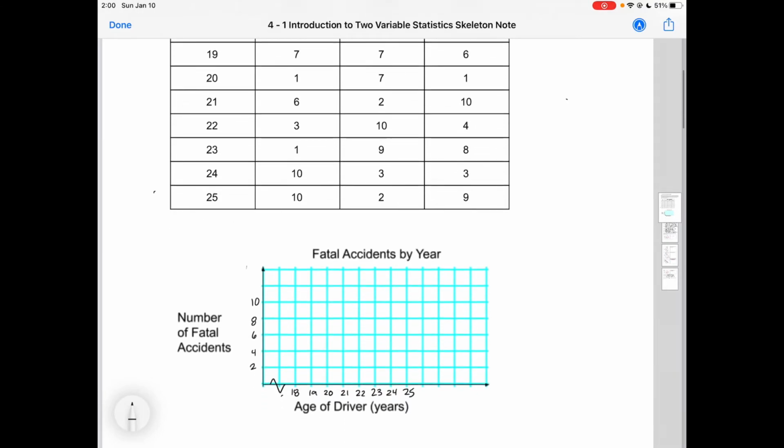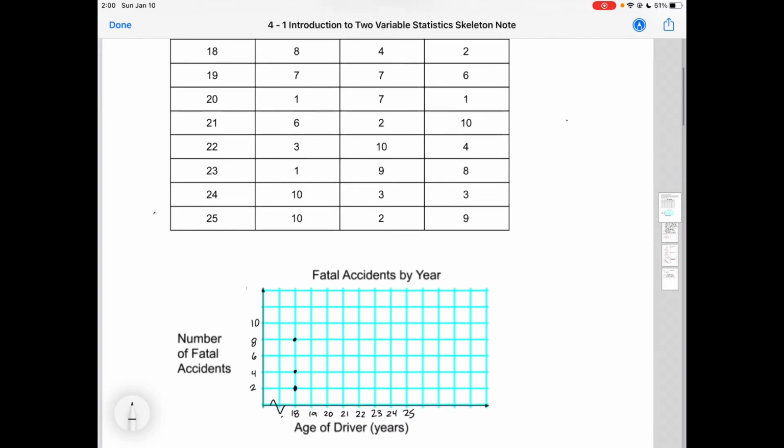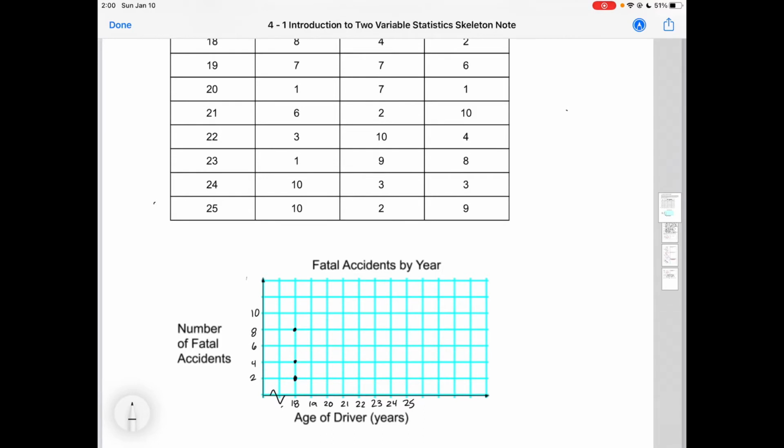So my first set of points are the 18-year-olds, and I've got 8, 4, and 2. Second set is 19-year-olds, 7, 7, and then 6. Third set is the 20-year-olds. I've got 1, 7, 1. Then the 21-year-olds, 6, 2, and 10.